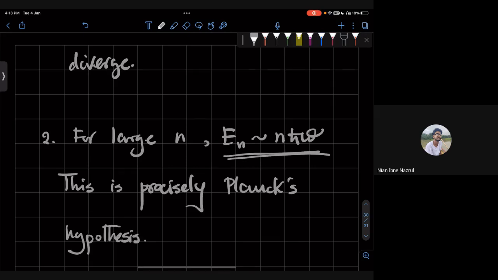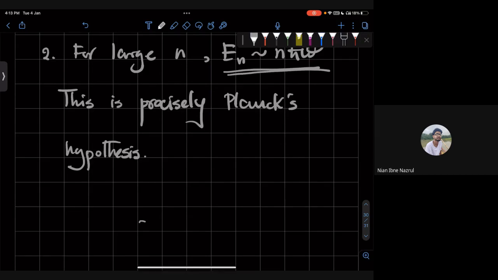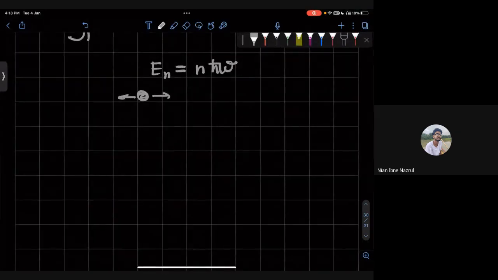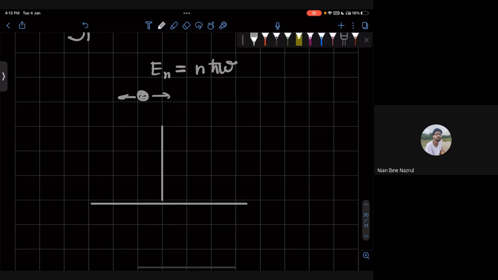So what Planck said, that the atoms in the black body, they have vibrational modes, but the energy of their vibrational modes is quantized in units of h bar omega. Okay, and we know from classical statistical mechanics that you get van der Waals force and stuff like that.